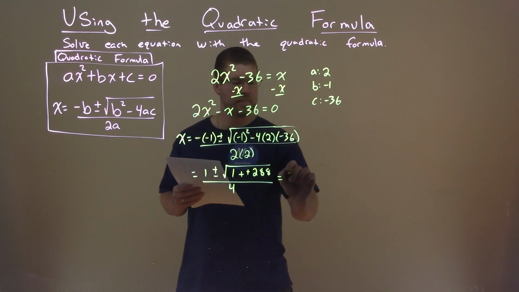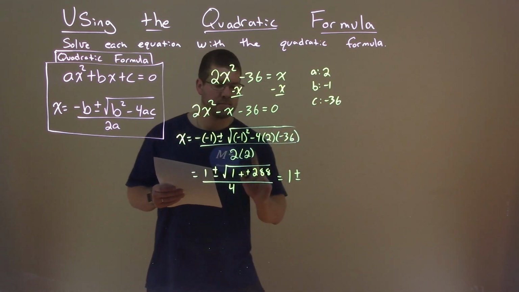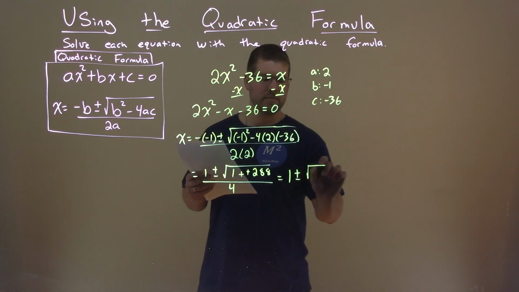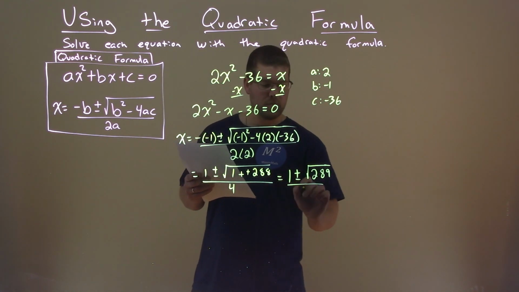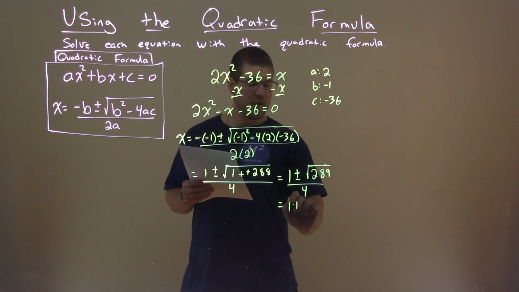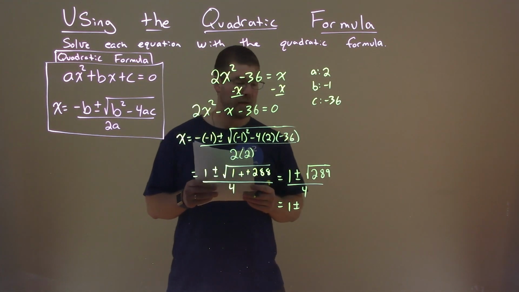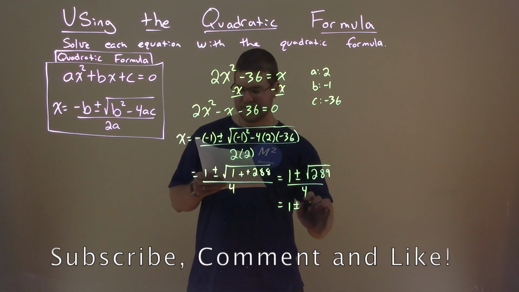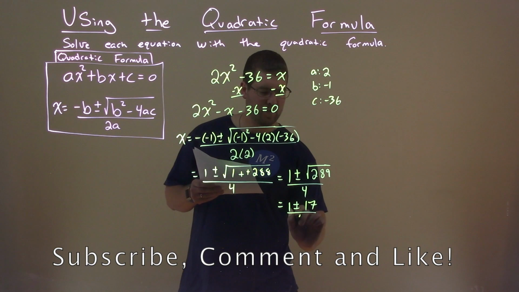Let's simplify that. 1 plus or minus here. 1 plus 288 is, well, 289. I know, difficult. Over 4. So square root of 289. If you know that off the top of your head, great for you. For me, I don't. But square root of 289 is 17 over 4.